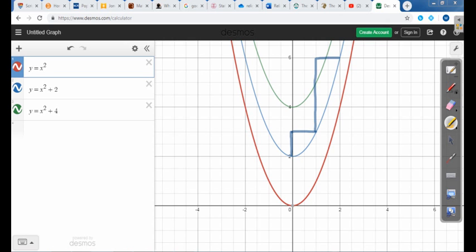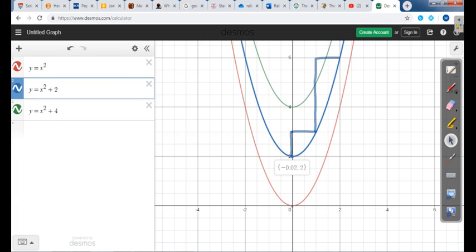And what part of the vertex changed? Vertex changed. What's my vertex here? 0, 4.